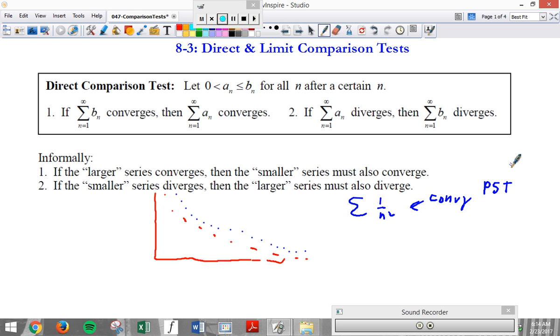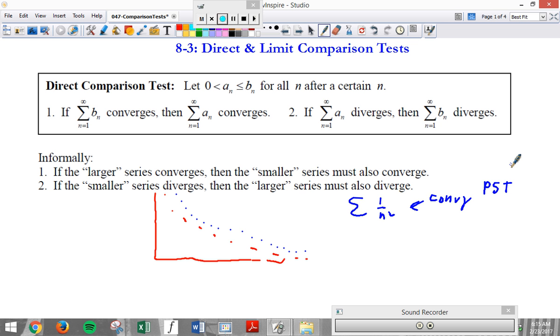And the idea there is that it's squashing that series down, that it's enclosing. So a lower series could keep it from converging, a lower series could force the series to diverge, and the bigger series can force it to converge.